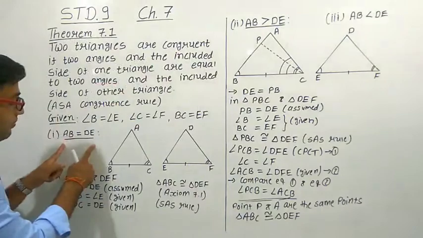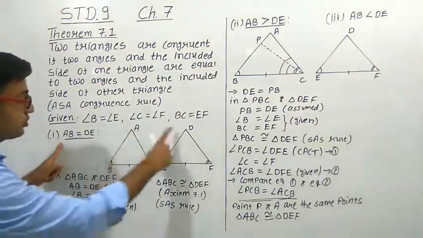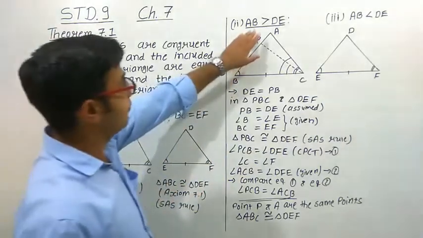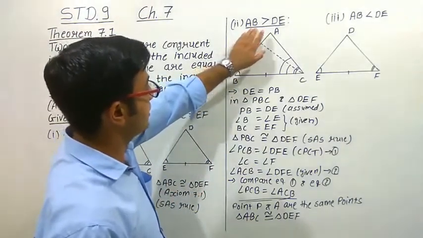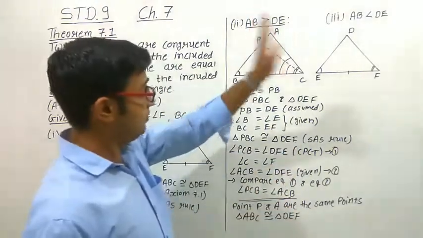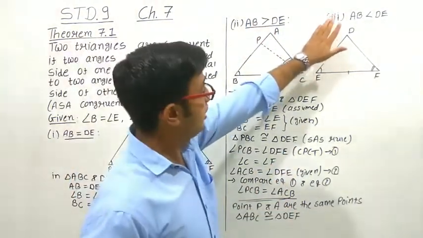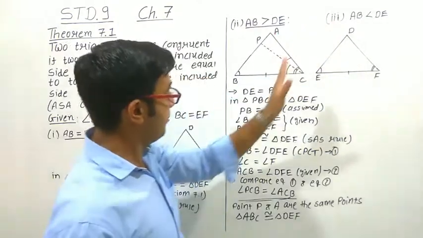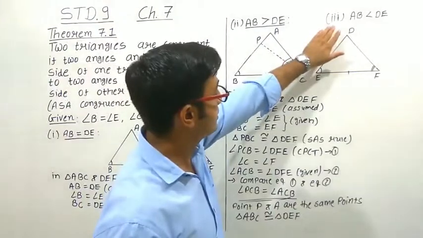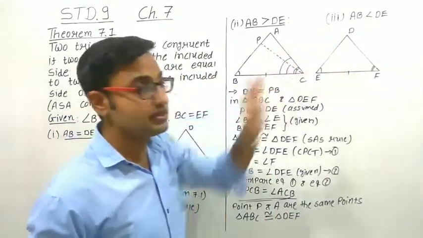Okay, so this is the first condition. When we proved that AB is equal to DE, we took these two sides as equal. Here we proved that the two triangles are congruent. Second condition, we took that AB is greater than DE. Here also we proved that the two triangles are congruent. The third condition, in the same way, we can prove that both triangles are congruent.